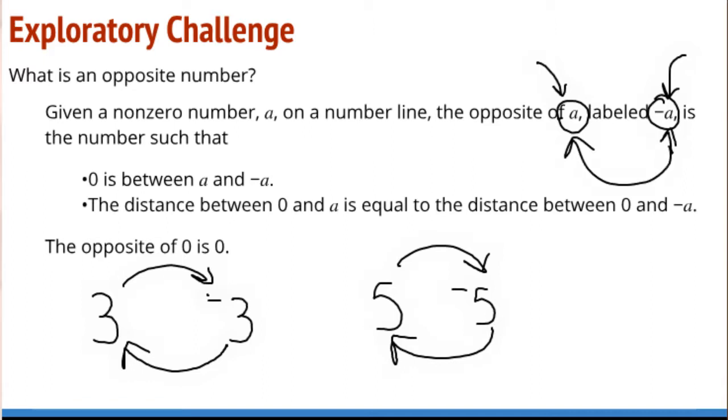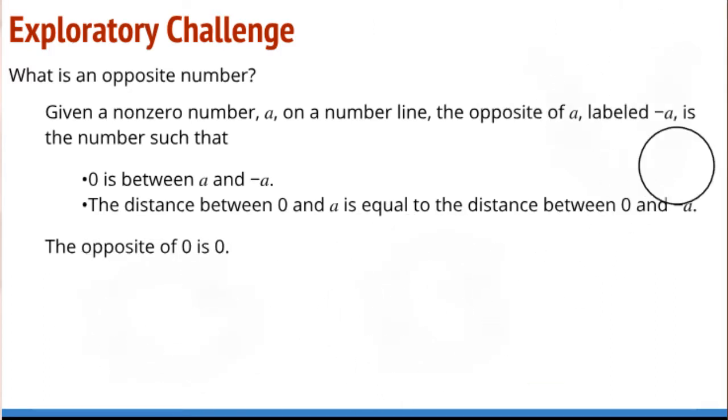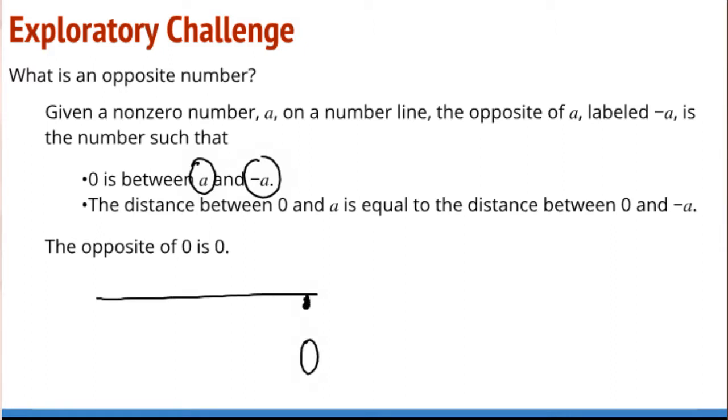And there are a couple of rules that we have to follow here. Constraints, perhaps, is a better word. 0 is between them. 0 is the center of the number line.